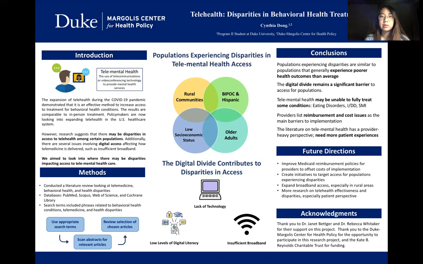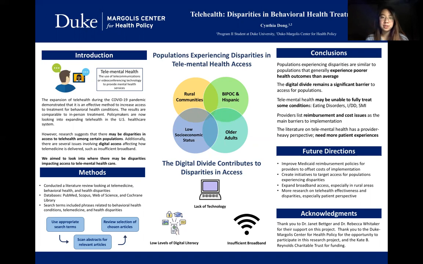In the literature, there were a couple of conclusions that we were able to come to. One is that there are 4 big populations experiencing disparities in telemental health access. These populations include rural communities, BIPOC and Hispanic communities, those with low socioeconomic status, and older adults. As you can see in the graphic, these groups are overlapping, and that is because there is a level of intersectionality between these groups.